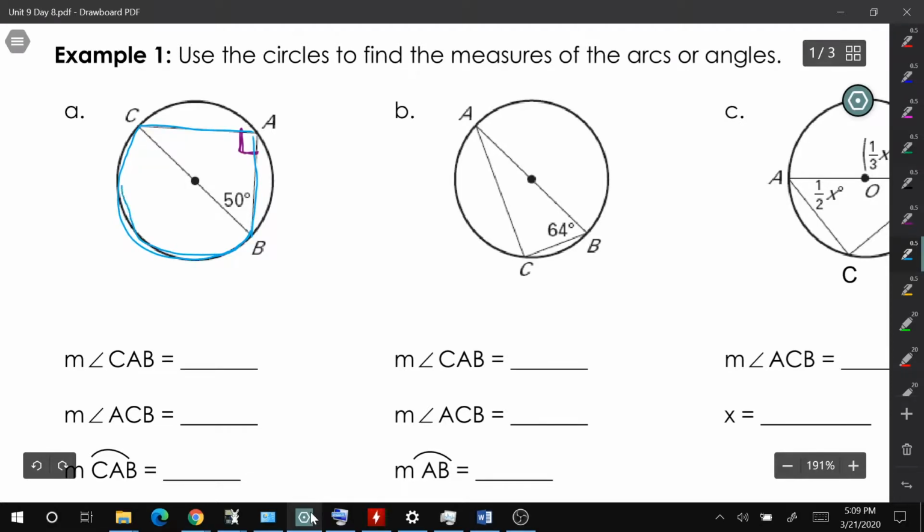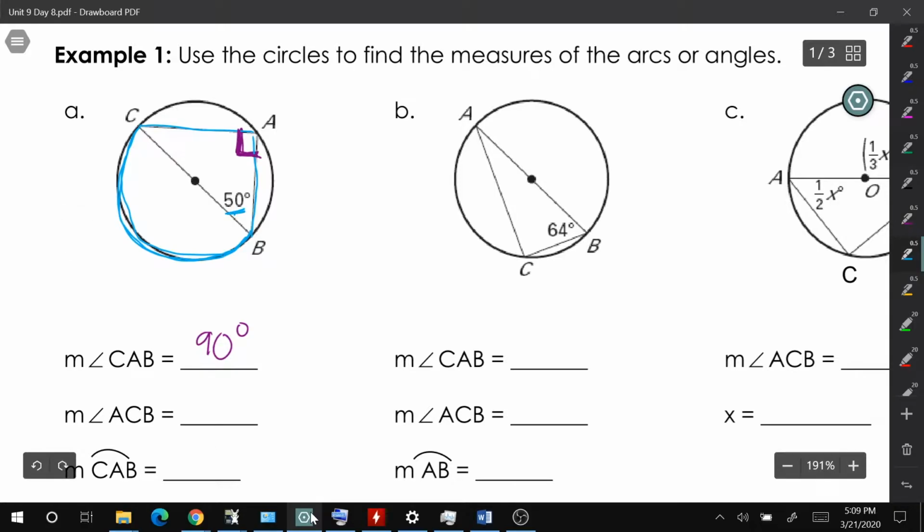You see how line CB is a semicircle, and what we learned the other day was that the measure of that inscribed angle has to be half of that arc measure. Half of 180 is 90 degrees. So we know that that's 90 degrees.